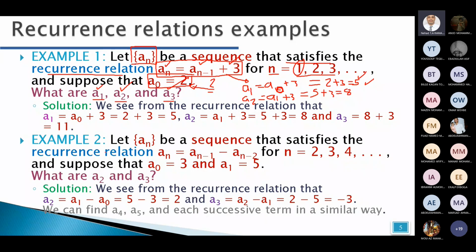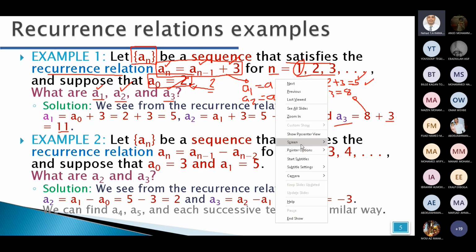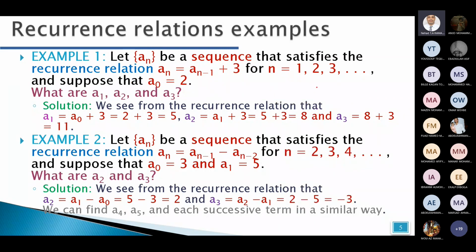And so on. A3, same idea. It's the previous one, which is 8, plus 3, so it equals 11. But we still have the same problem, which is a100. How much?